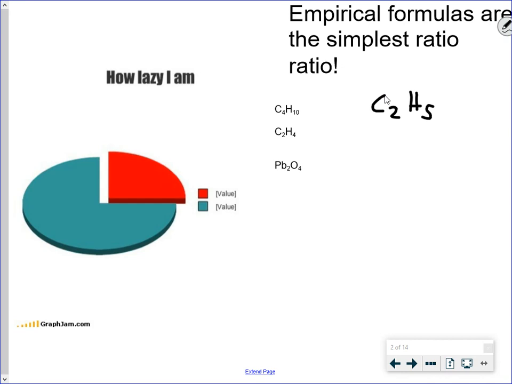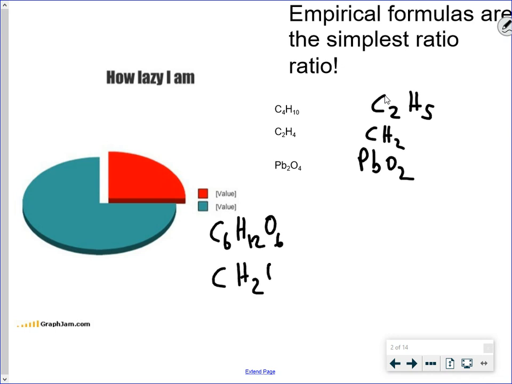C2H4 is CH2. That doesn't exist from a bonding scenario, but in the simplest ratio, that's the empirical formula. PbO4 is PbO2. Does everybody get what an empirical formula is? For example, glucose, C6H12O6, has an empirical formula of CH2O. I love empirical formulas.